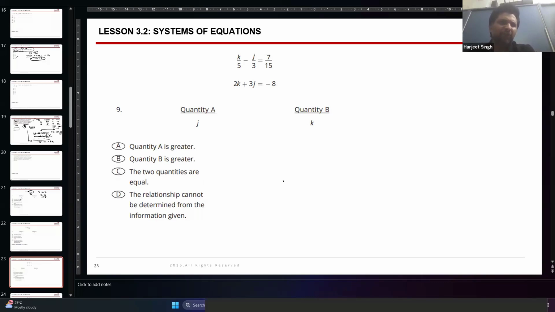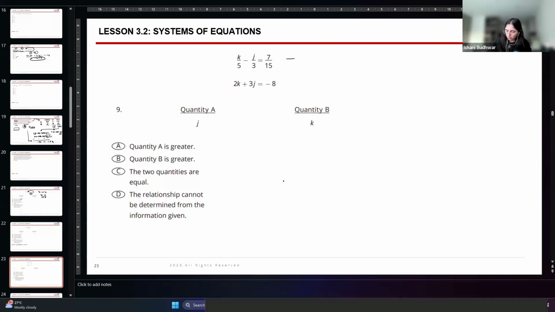So which means we need to solve it and get j as well as k. So what is the best way to solve? Combination here. So whenever there are fractions, we try to take the LCM and just get rid of fractions, so no denominators.